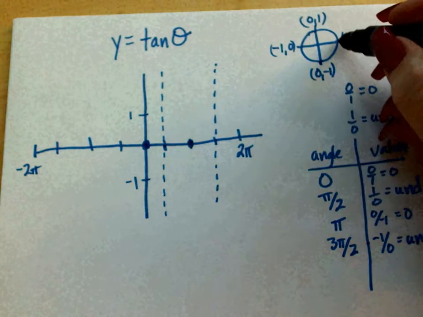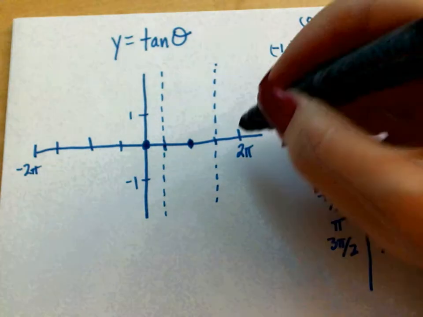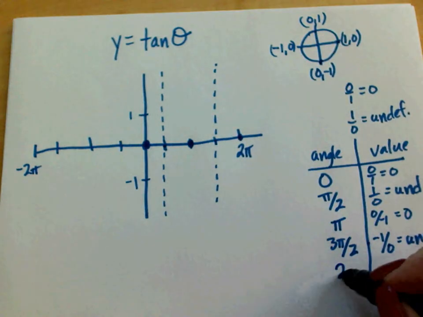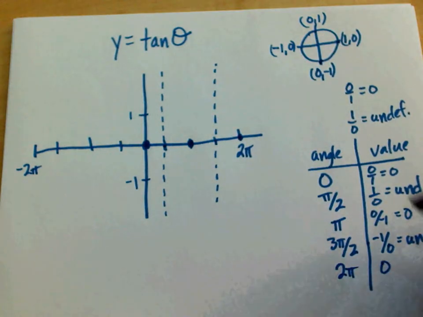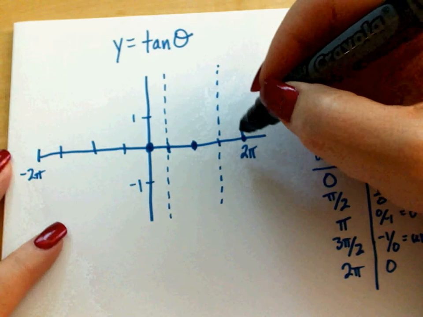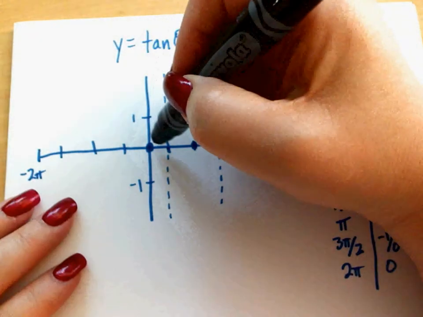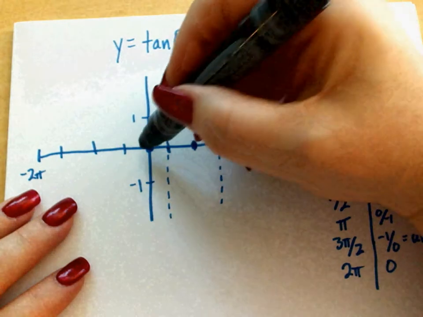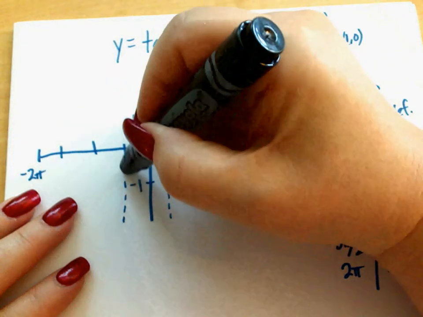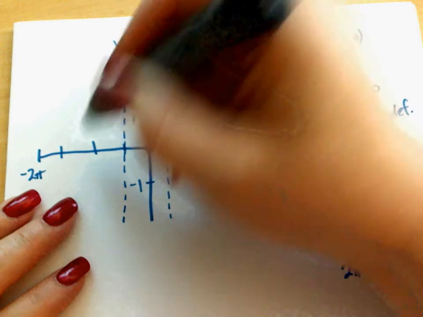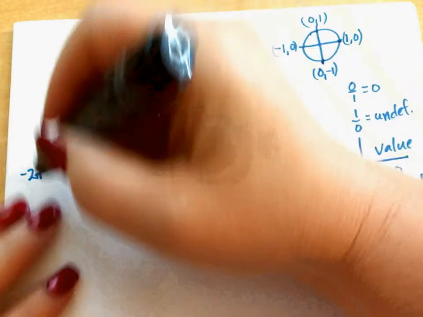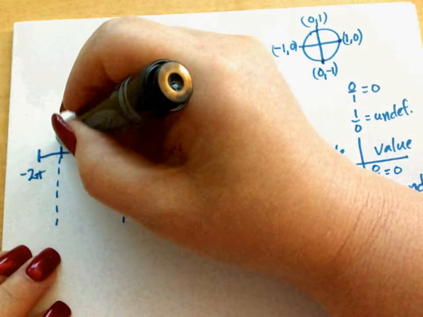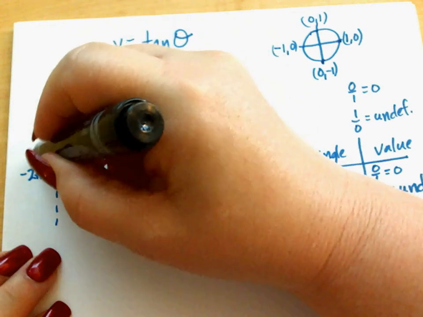At 2 pi, which is back here, it's going to be 0 again. So I made those coordinates. This really goes cyclical, so notice it goes 0, undefined, 0, undefined, 0. So right here at negative pi over 2, you're also going to have an asymptote. Then I'm going to have 0, then a vertical asymptote at negative 3 pi over 2, and then 0 at negative 2 pi.